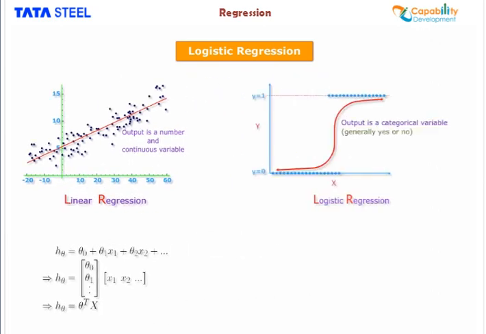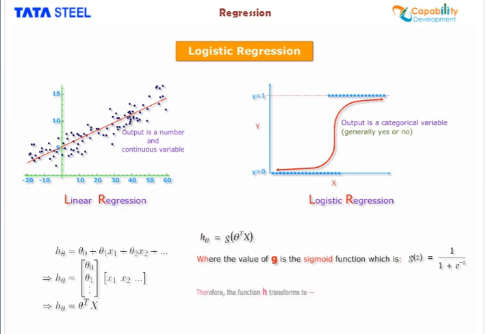For logistic regression, the equation is modified a bit. h theta is equal to g of theta transpose x, where the value of g is the sigmoid function, which is g of z is equal to 1 by 1 plus e to the power minus z. Therefore, the function h transforms to h theta is equal to 1 by 1 plus e to the power minus theta transpose x.